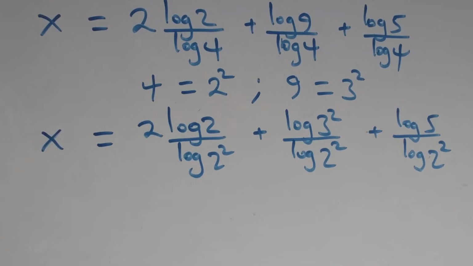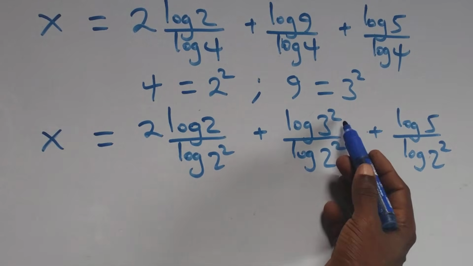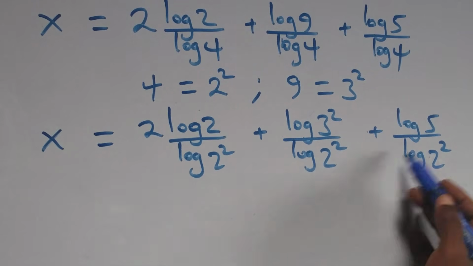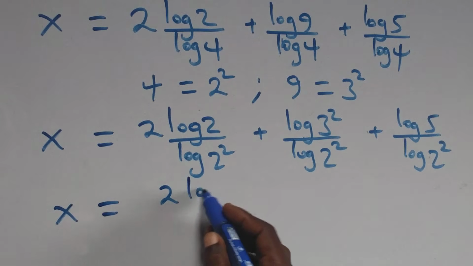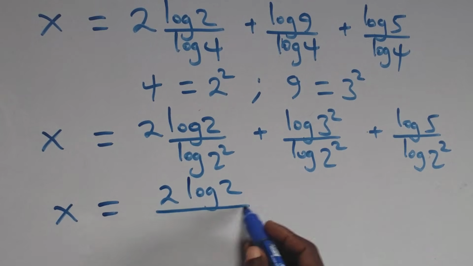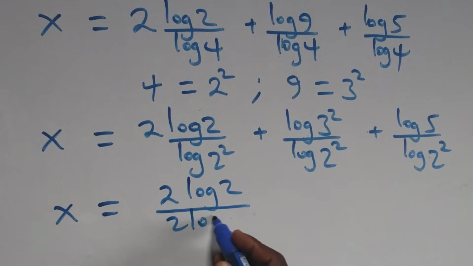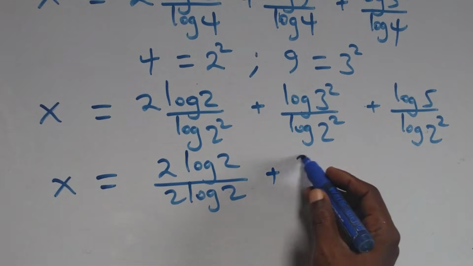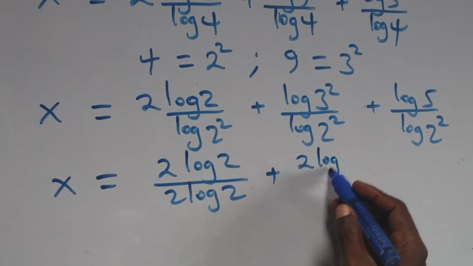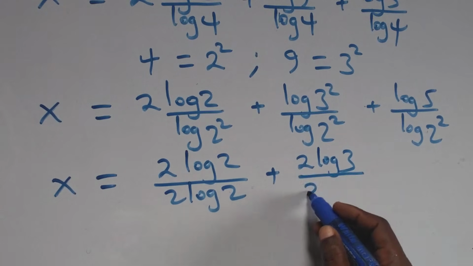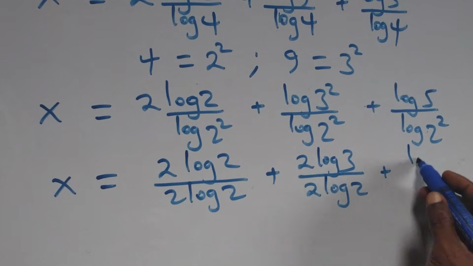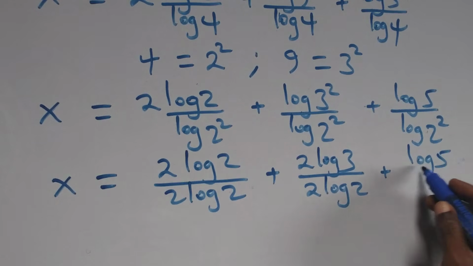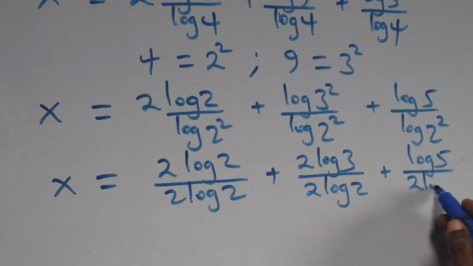Then apply the power law of logarithm. 2 comes there, also here. We have x now equals 2 log 2 over 2 log 2 plus 2 log 3 over 2 log 2 plus this becomes log 5 over 2 log 2.